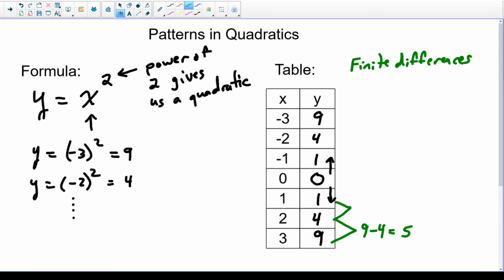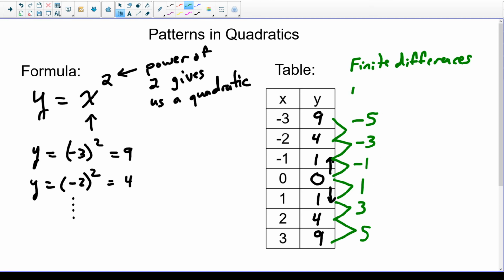Okay, now I'm not going to show the whole subtraction because I'm going to run out of room if I do that. So I'm just going to go back to just a 5. What's 4 minus 1? 4 minus 1 is 3. What's 1 minus 0? That's 1. What's 0 minus 1? That's negative 1. What's 1 minus 4? That's negative 3. And what's 4 minus 9? That's negative 5. So we still have an interesting pattern going on here.